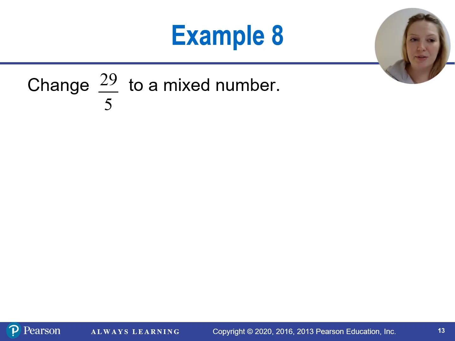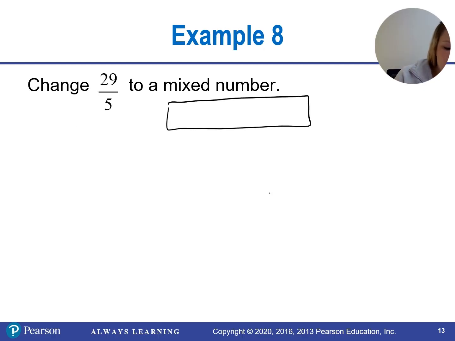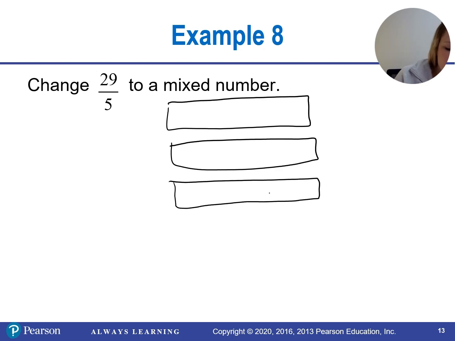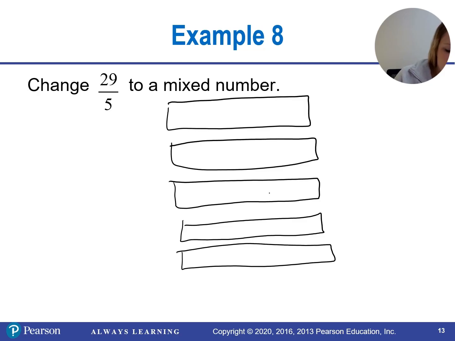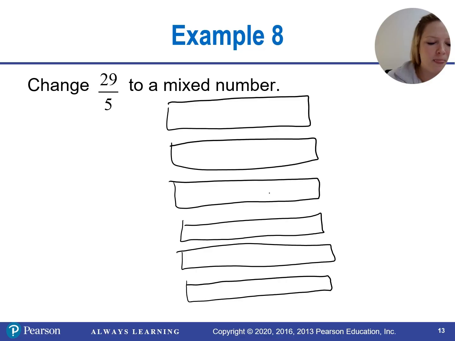We can also go the other direction to change 29 over 5 into a mixed number. All right, if each of these is 1 whole, then I can think about how many wholes 29/5 will be.